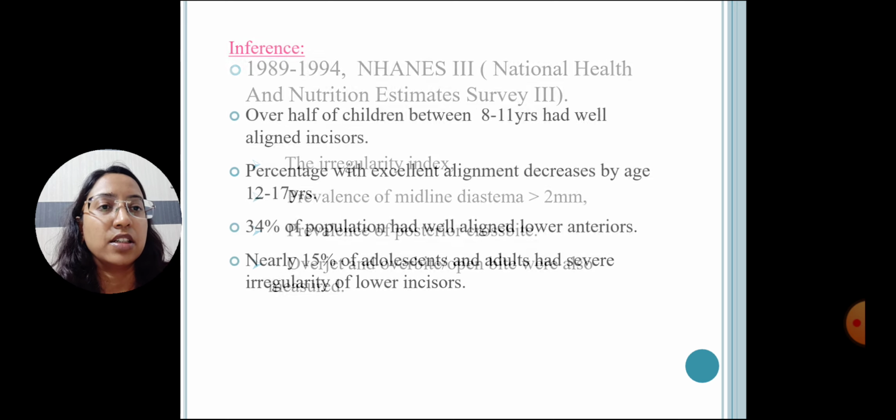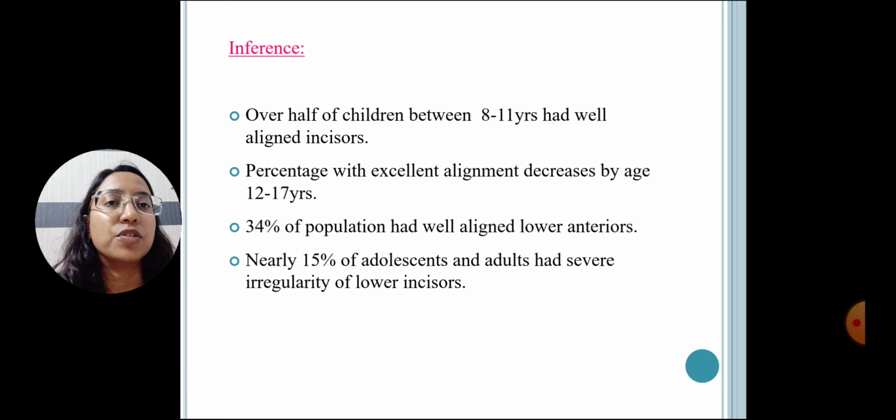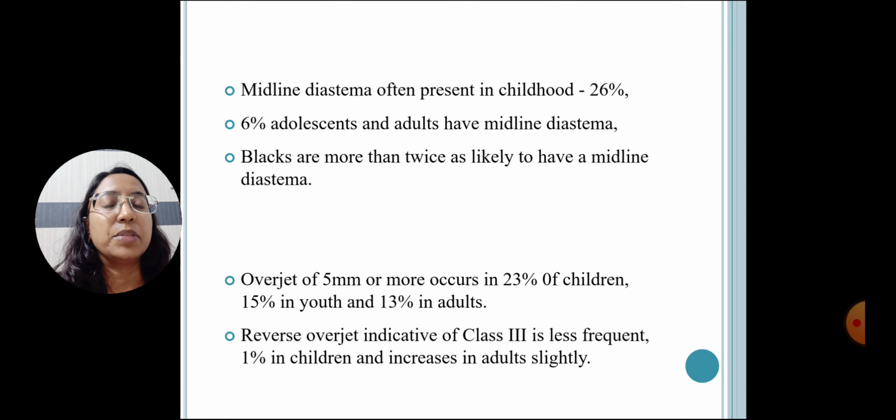From this study, it was noted that over half of the children between 8 to 11 years had well aligned incisors, and this percentage with excellent alignment decreased by age 12 to 17 years. 34% of the population had well aligned lower anteriors, and nearly 15% of adolescents and adults had severe irregularity of lower incisors. The midline diastema was often present in childhood, almost 26%, whereas only 6% of adolescents and adults had midline diastema.